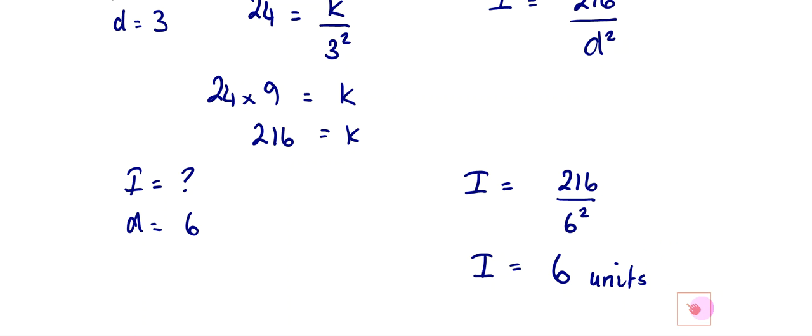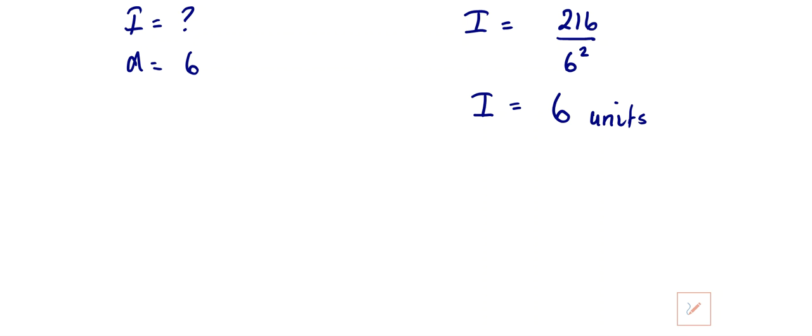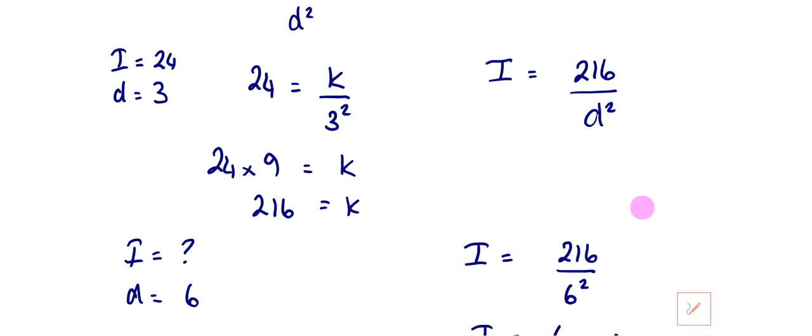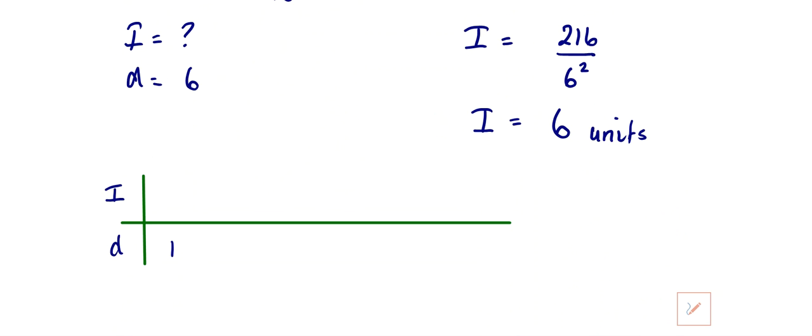Okay, now just to point out the table method. Guys, if you're going to do the table method, we've got I and D: I'm 24 and 3.